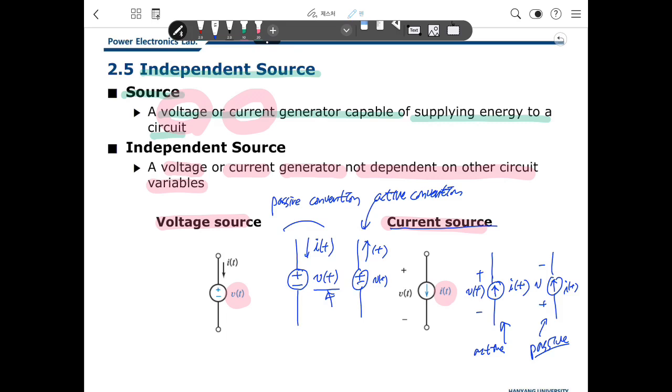Anyway, the important thing is that for the voltage source and current source, the voltage or current value does not depend on other circuit variables. The symbol is a circle, and in the case of voltage it is plus and minus. In the case of current it is an arrow in this way.